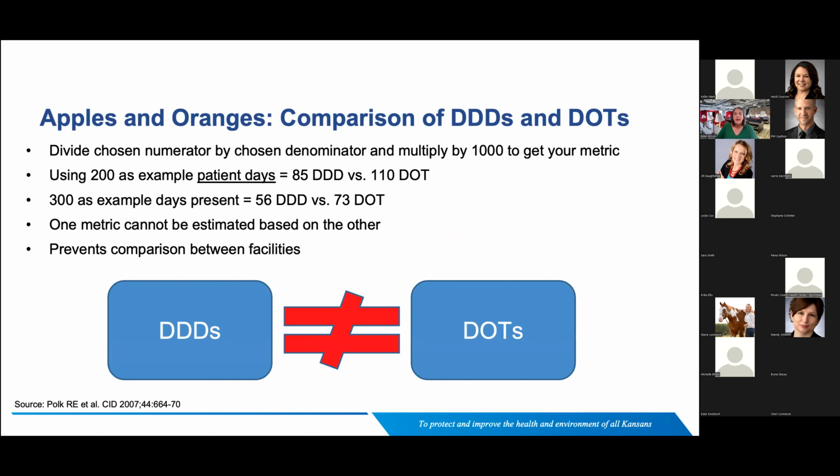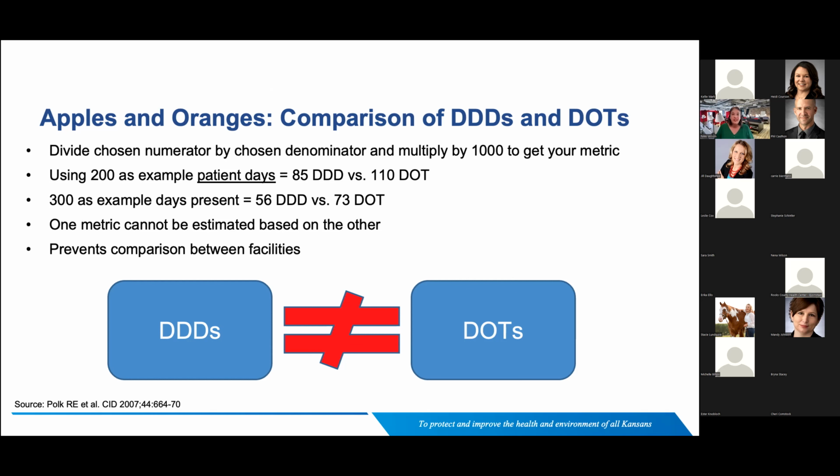Okay, so the bottom line is that you really need to understand the methodology that other health systems are using if you're going to try to do a direct comparison. I have stewardship friends across the country that I ask, hey, how many DOTs do you have for this? Just trying to figure out where we're sitting without using any formal comparison.